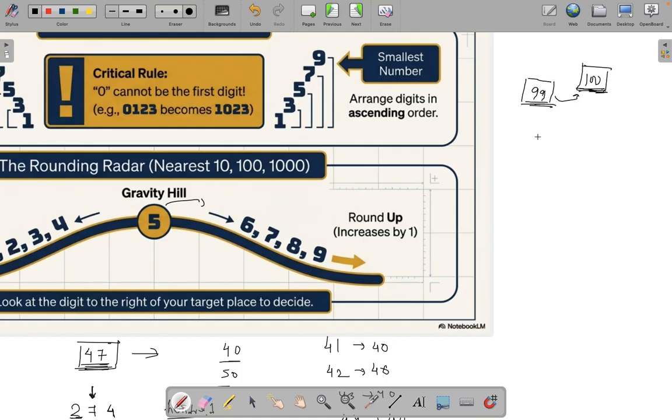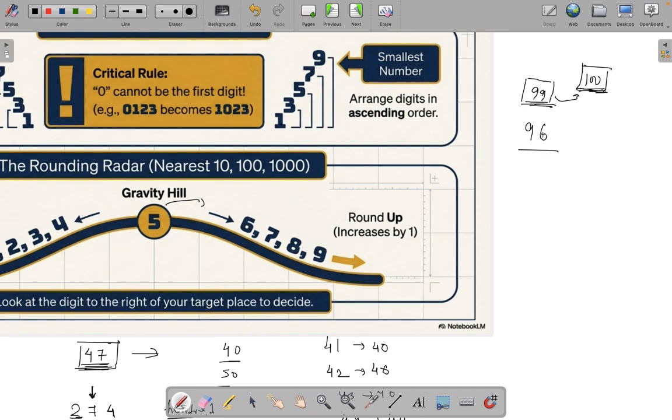Okay. So how do we round off numbers? If I give you a number like 96, you need two things. The first thing is the number itself. The second thing is whether you want to round it off to the nearest 10, nearest 100 or nearest 1000.